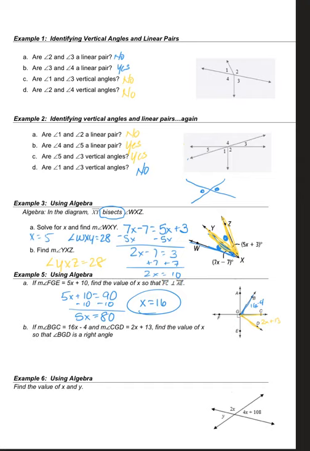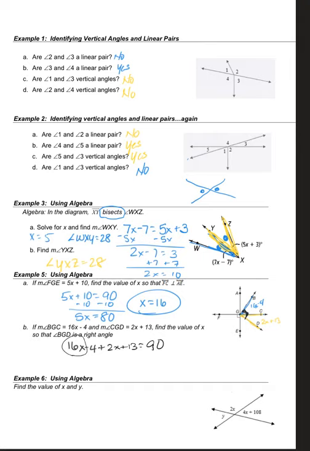And we're supposed to figure out what x is. But again, it wants this angle to be a right angle, so it wants it to be 90 degrees. If this whole thing has to be 90 degrees, then those have to add up to be 90 degrees. So they are complementary.